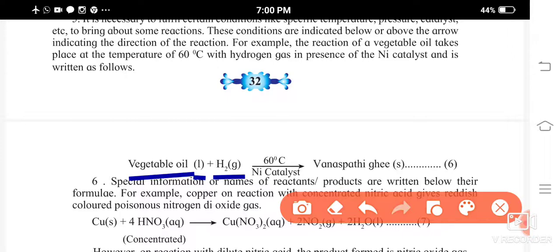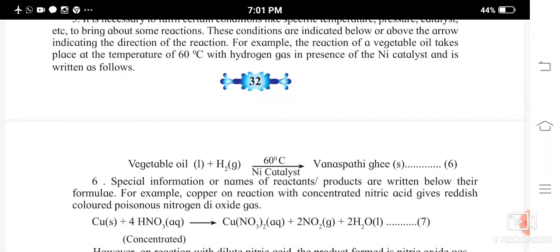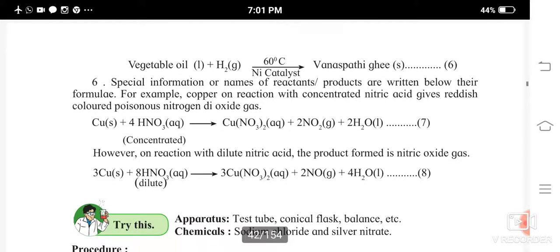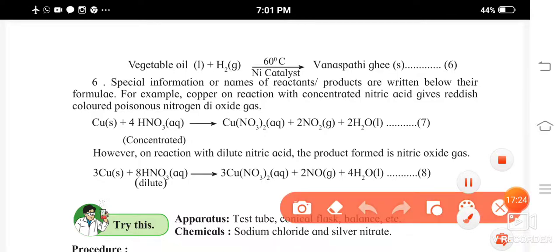That means you will have to maintain a temperature of 60 degrees Celsius during the reaction, and you will have to use a nickel catalyst. So in the presence of this nickel catalyst, it is going to form vanaspati ghee. So this chemical reaction is going to take place at the temperature of 60 degrees Celsius and in presence of nickel catalyst. This nickel catalyst is not going to take part in the reaction, but it is going to speed up the reaction.